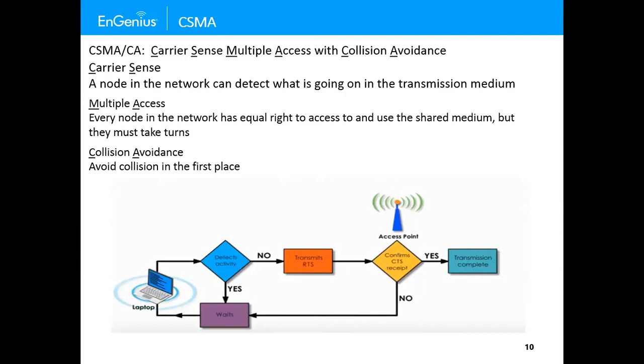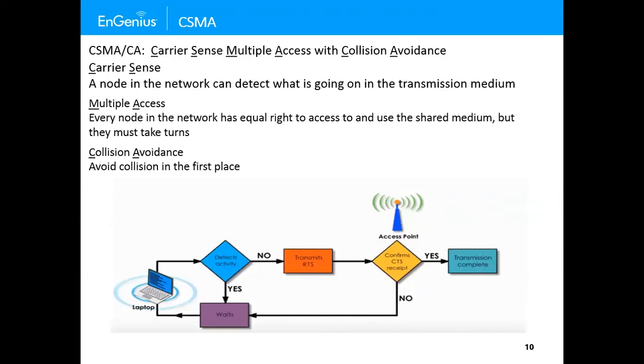But if it detects the medium is used, it will back off and wait a random amount of time and try again. It doesn't matter if it's your device or someone else's device transmitting. CSMA devices detect this, back off, and wait to transmit. So CSMA/CA tries to prevent collisions before they happen.